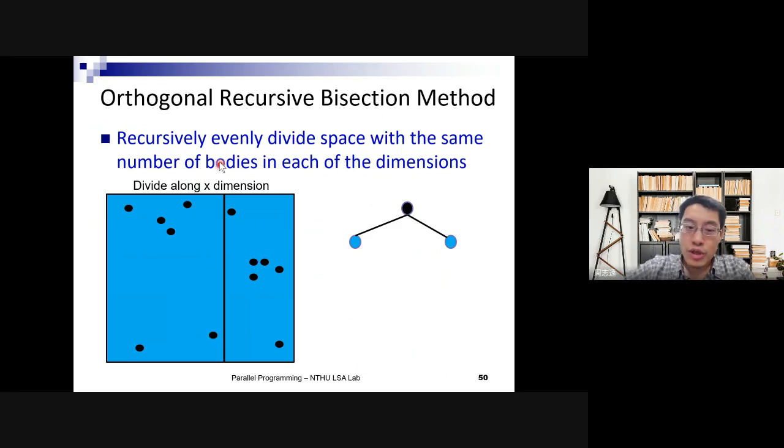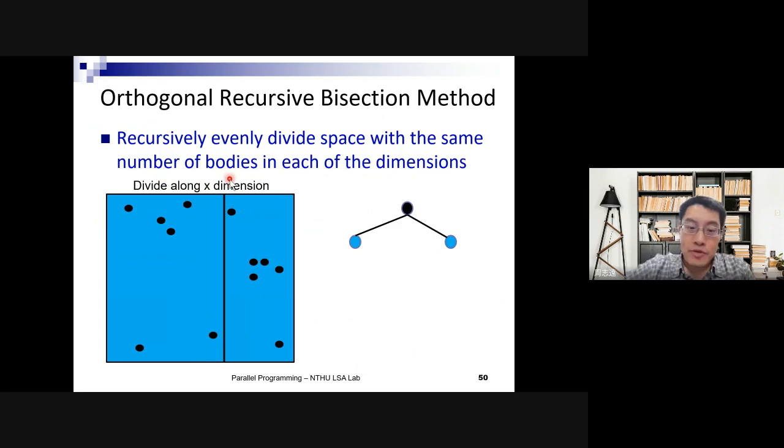So when we do the partition, we have to consider the location of the objects, and we recursively partition the space along each dimension. Over here, it will build a binary tree, which is why it's called the bisection method.